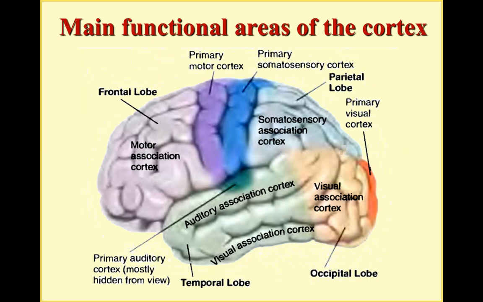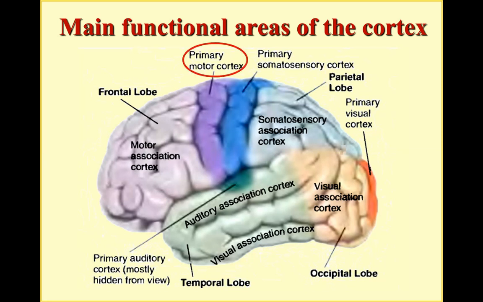In this picture, with brighter, darker colors, the primary motor and sensory cortex areas are shown. You see they occupy less surface area of the cortex, and the paler colored associative areas take much larger areas.